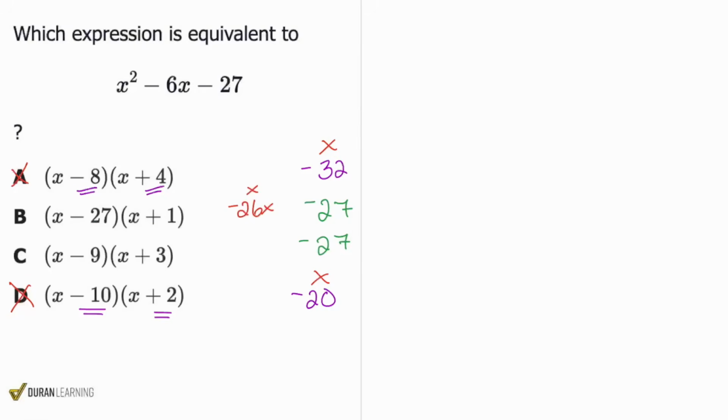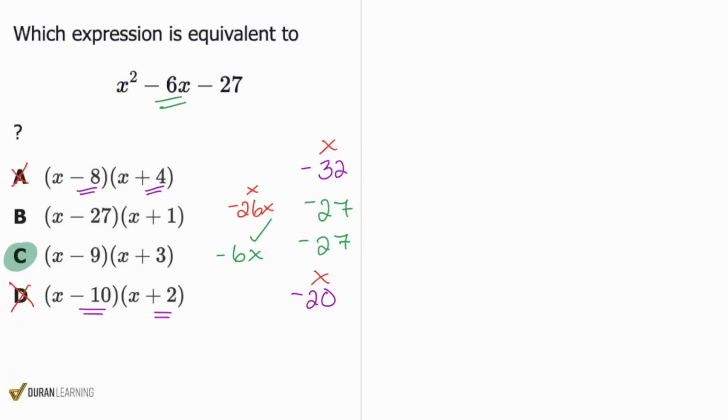That doesn't work. But then negative 9 plus 3 is negative 6x, which is what we have here. So if you wanted to use the answer choices, you could figure it out with some mental math fairly quickly. If you're confident with your arithmetic, you can get C fairly easily.